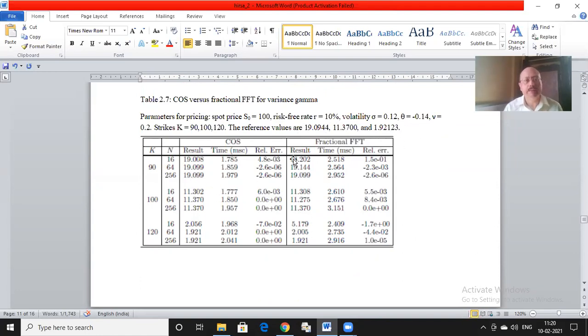And we will see that now for the variance gamma model, my computational correctness for cosine method is better because it is converging to the correct value faster than the fractional FFT method on all the 3 strikes, and definitely the computing time comparison is similar as in the Heston model.